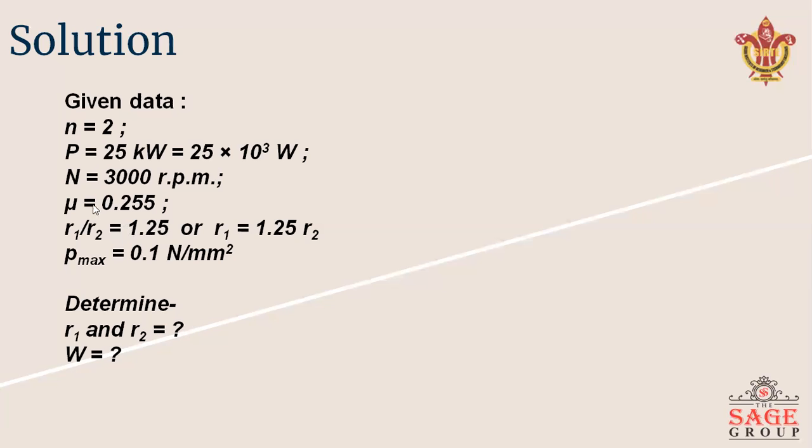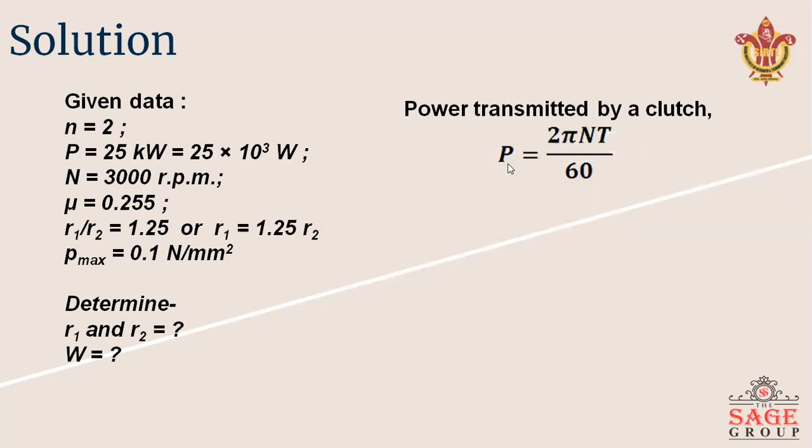So first of all, we have to calculate the value of r1 and r2. We know that the power transmitted by the clutch, P, equals 2 pi N T upon 60. Here the value of P is given in the question, and we know that pi equals 3.14, and the value of capital N equals 3000 rpm is also given.